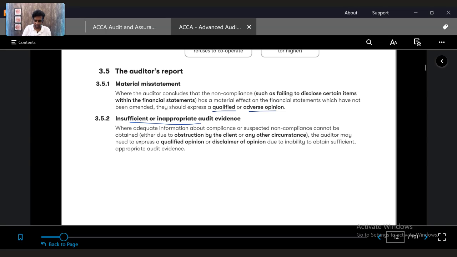Give us supporting evidence, but the client is not giving us. So now you don't know whether it is a compliance related area or non-compliance. So if that's the case, then you issue again a qualified opinion or a disclaimer of opinion. So that is another way to tackle the NOCLAR with the client.